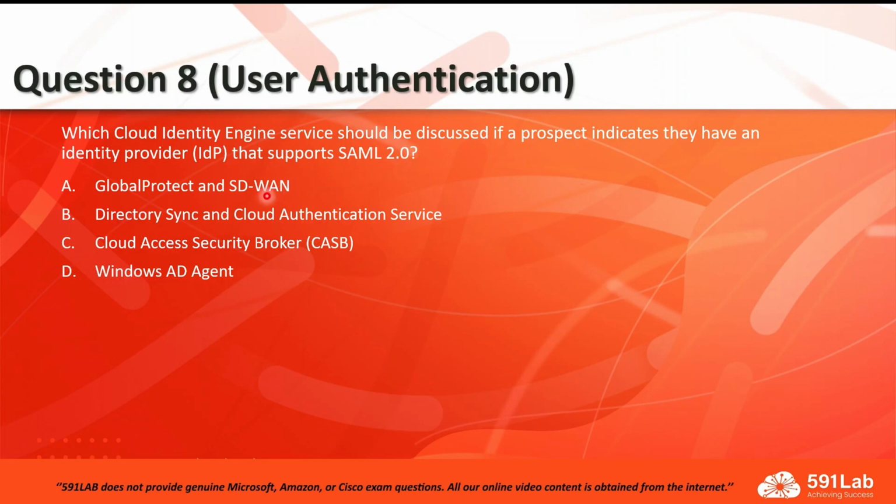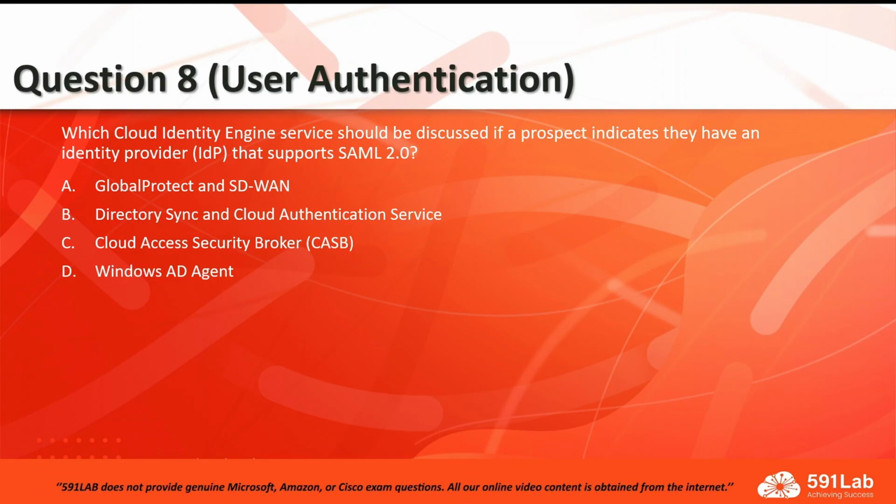The options are A, GlobalProtect and SD-WAN, or B, Directory Sync and Cloud Authentication Service, or C, Cloud Access Security Broker or CASB, or D, Windows AD Agent. From these options, we need to check each option.